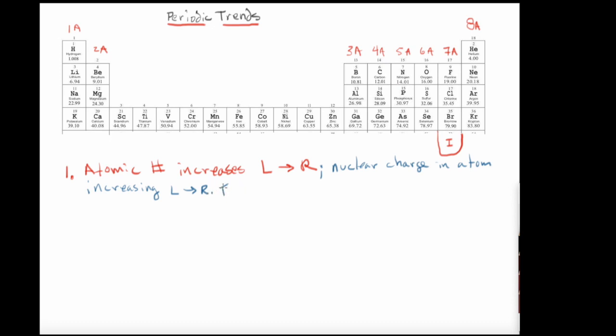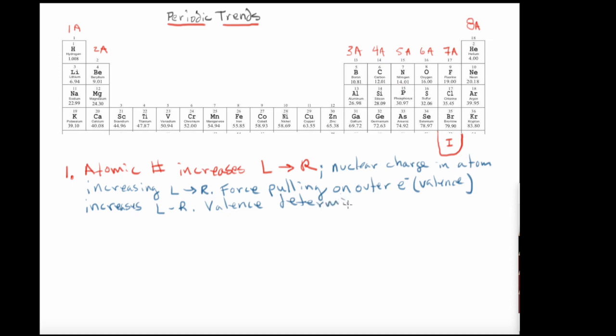And that means the force pulling on outer electrons, i.e. valence, increases left to right. Remember, the valence determines the size of the atom. Where the valence is, that's your surface. The valence is the surface of the atom.